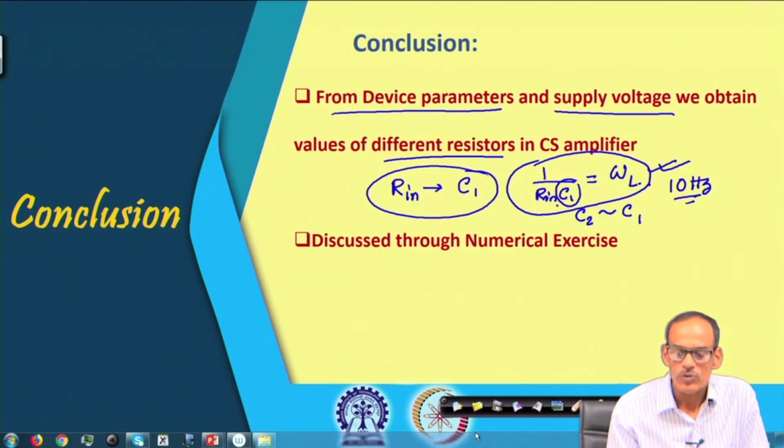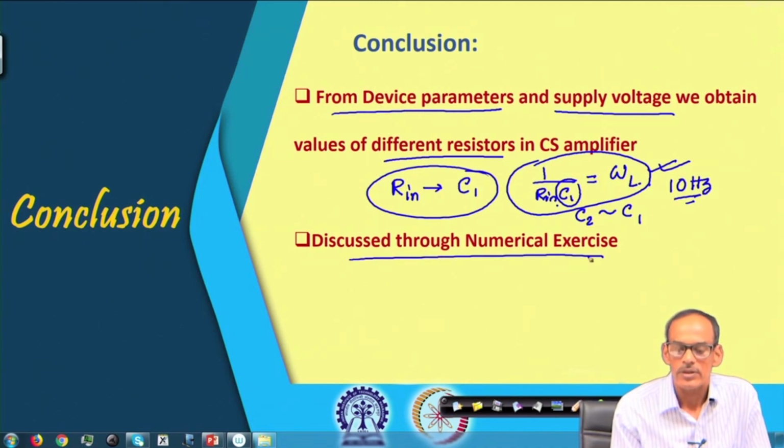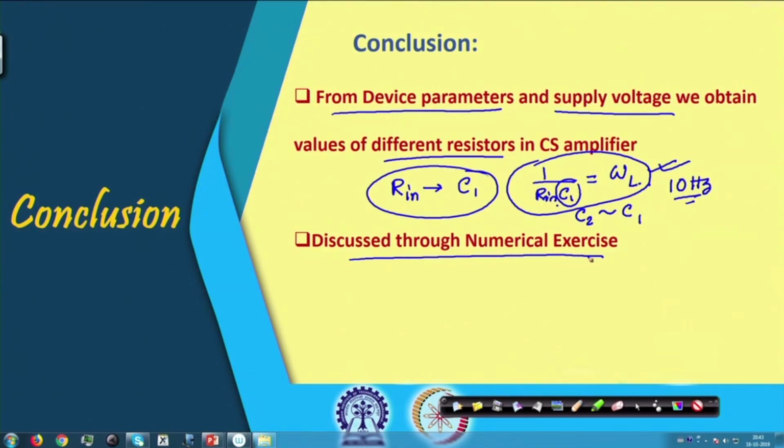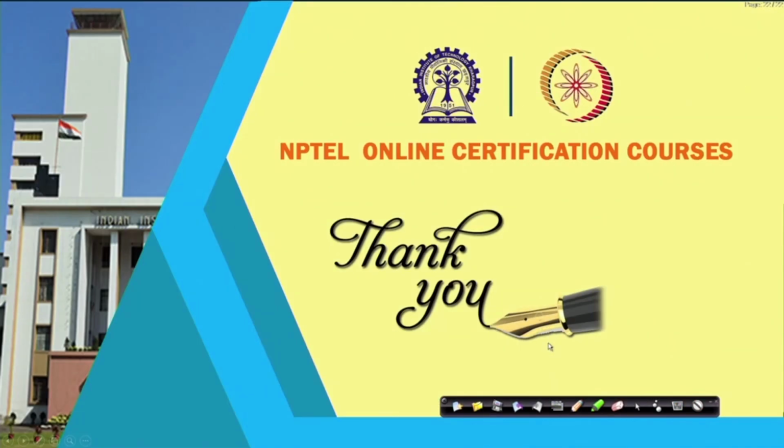So we have discussed these guidelines through these numerical exercises. Yeah, I think that is all to cover now, and in the next session we will move to the frequency response. Yeah, thank you for listening.